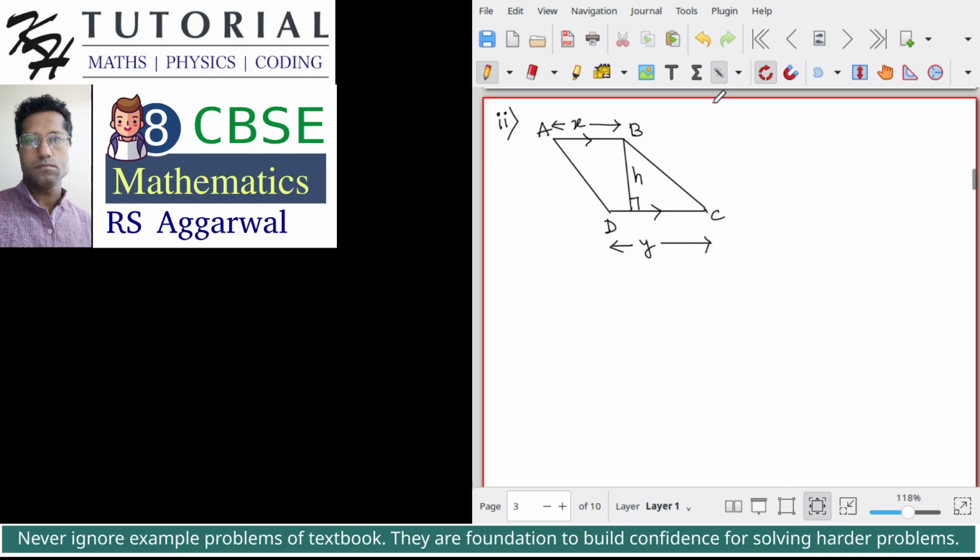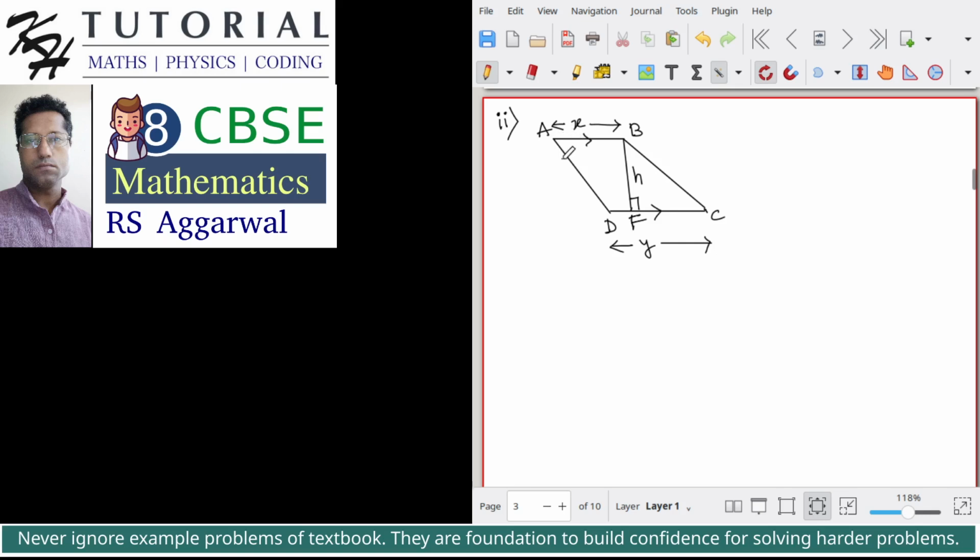So the bases are AB and DC. The length of AB is X and the length of DC is Y, and the height of the trapezium is H. Now, we have drawn a perpendicular from B on the side DC. Let's say this is BF. So, BF is the altitude of this trapezium.